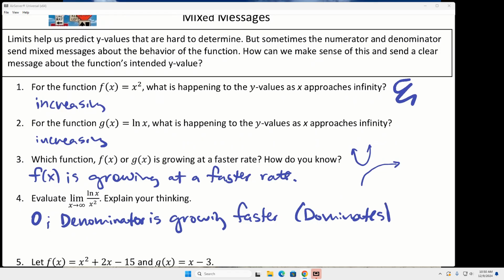All right, and then, whatever, it's not really called a name, but when we take g and divide it by f, it is getting smaller and smaller.